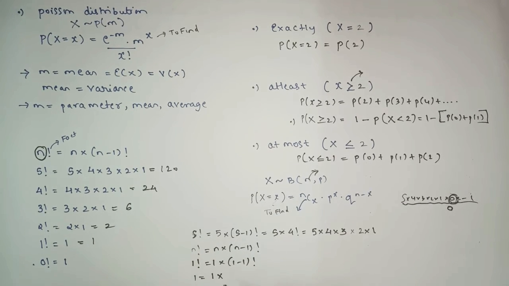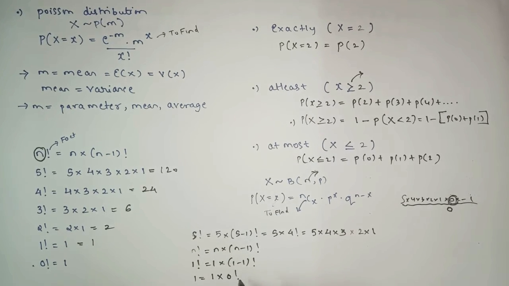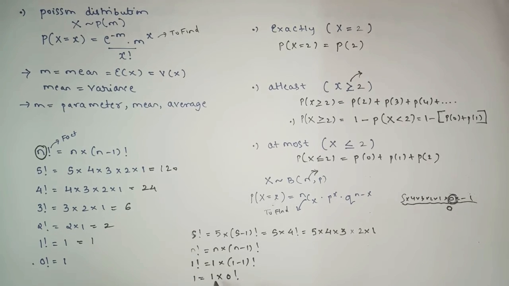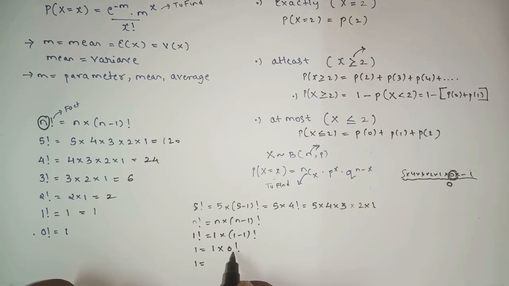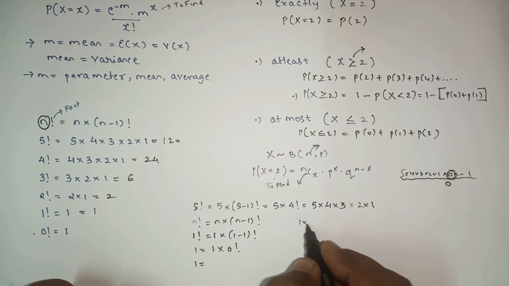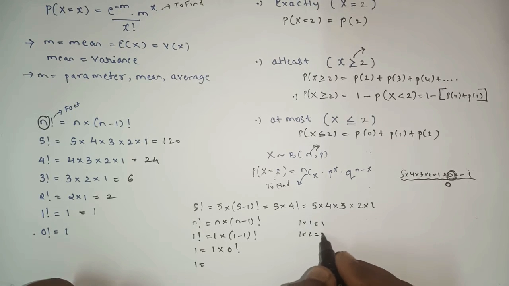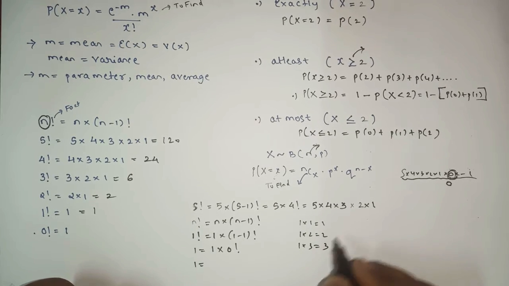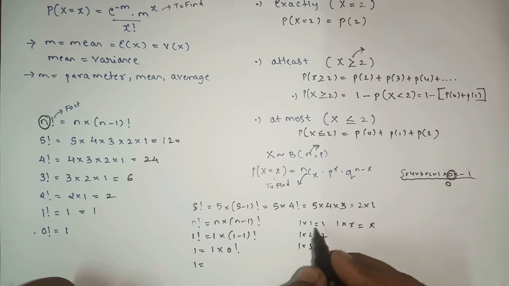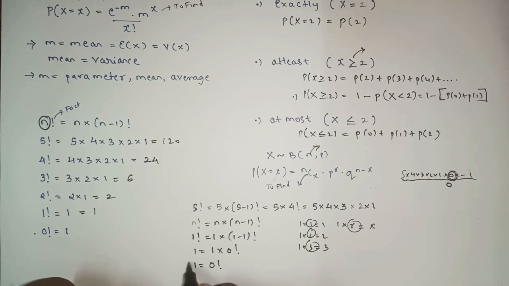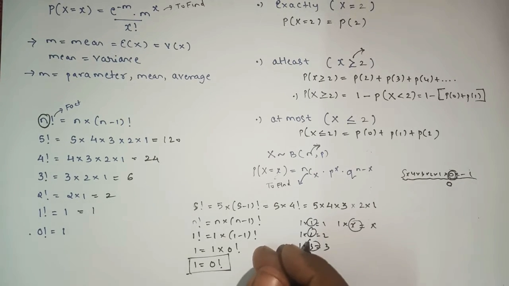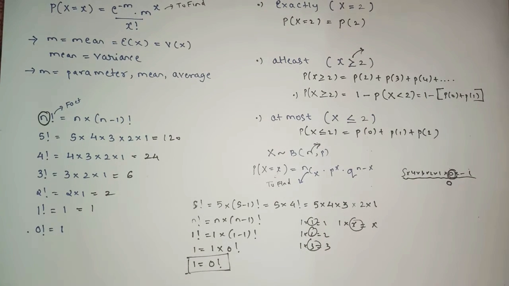This one we will write the same as it is, 1 minus 1 is what? 0 factorial. And we know that whenever we multiply 1 with any number, 1 ones are, 1 twos are, 1 threes are, 1 into x, you will get that number. Yes or no? So 1 into 0 factorial will be what? 0 factorial. So here we got the answer that 0 factorial is equal to what?